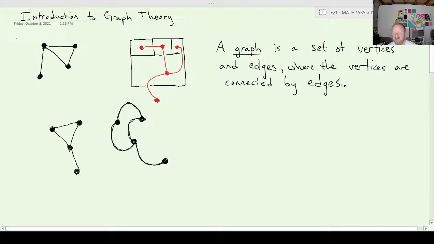So we do need to define edges now in graph theory. So an edge, right? We could either draw them as line segments, or we can draw them as these curved lines, right? We have that freedom. An edge is a connection of exactly two vertices.